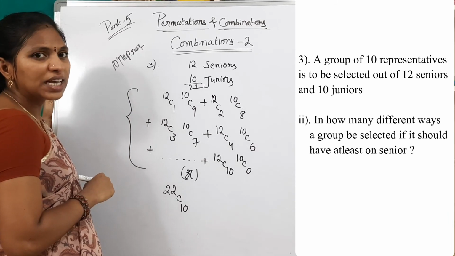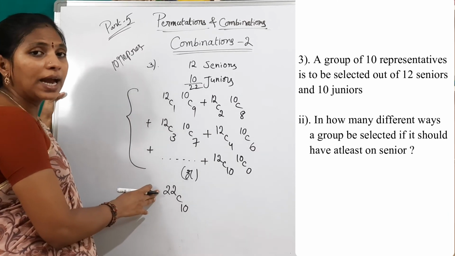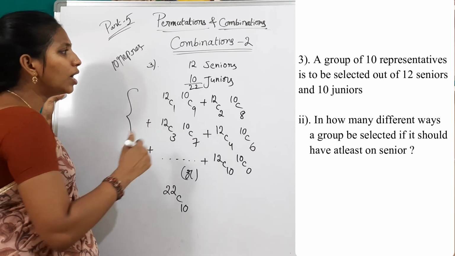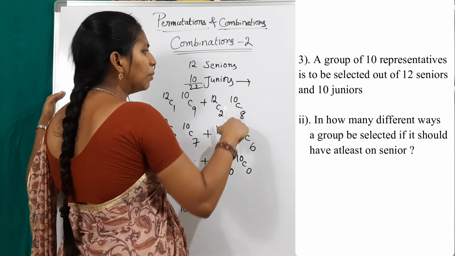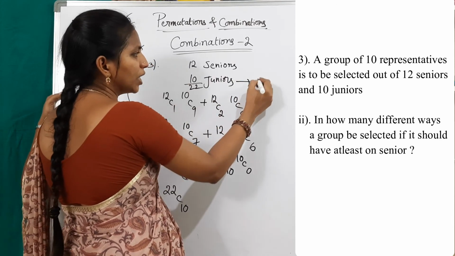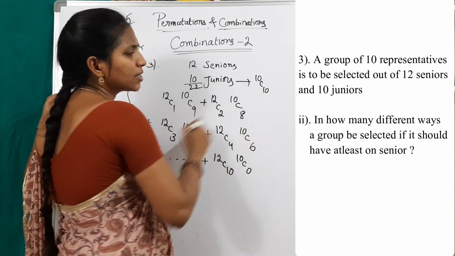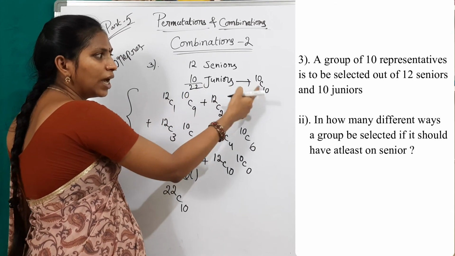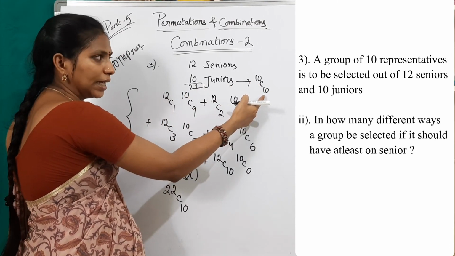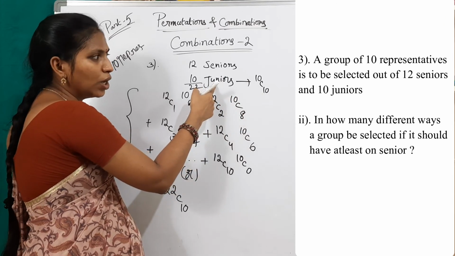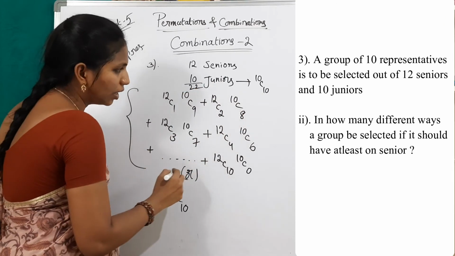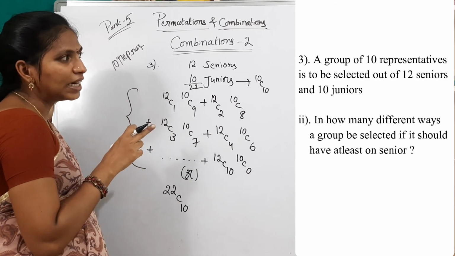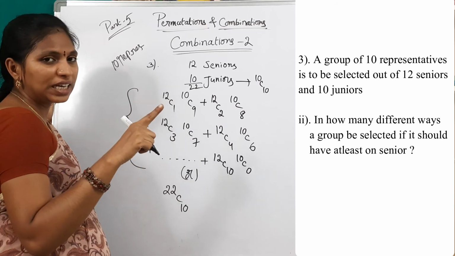At least one senior means subtract the case where all are juniors. All are juniors means select 10 members from these 10 juniors. So 10C10, yes or no? 10 juniors, and 10 representatives selected from these 10 juniors. So all are juniors, which is not necessary for us because the condition is at least one senior.